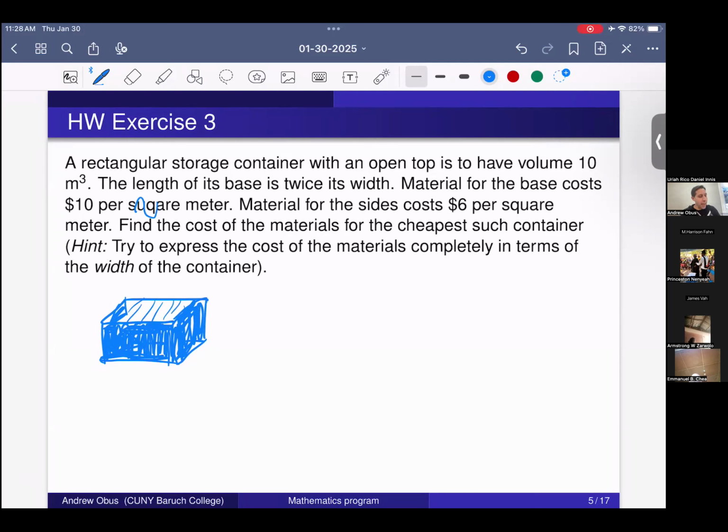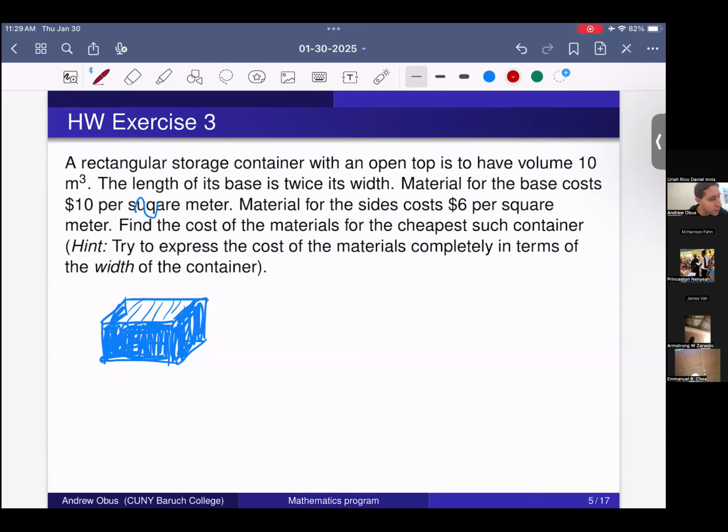Okay, so this is our box, and since we have a diagram, it's good to label things. The length of its base is twice its width.